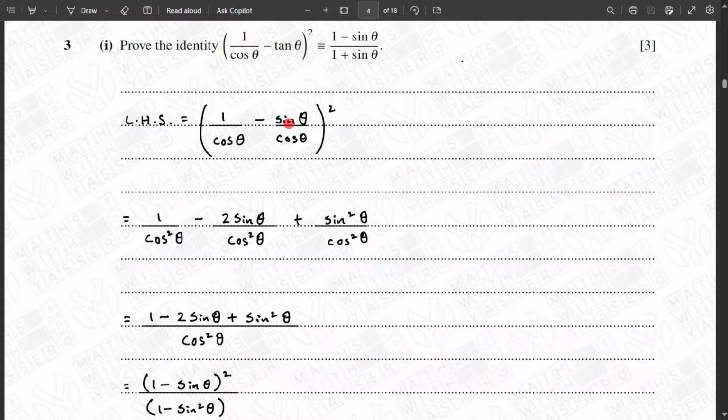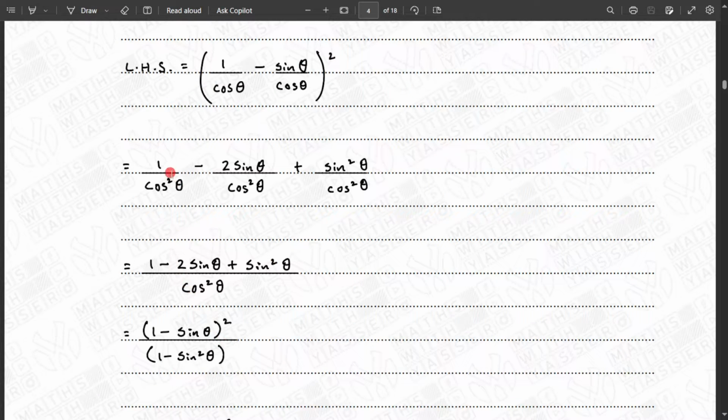So 2 sin theta by cos theta times 1 by cos theta will give us 2 sin theta by cos square theta, plus sin square theta by cos square theta. So if we take cos square theta as the LCM, then we will be left with 1 minus 2 sin theta plus sin square theta in the numerator.